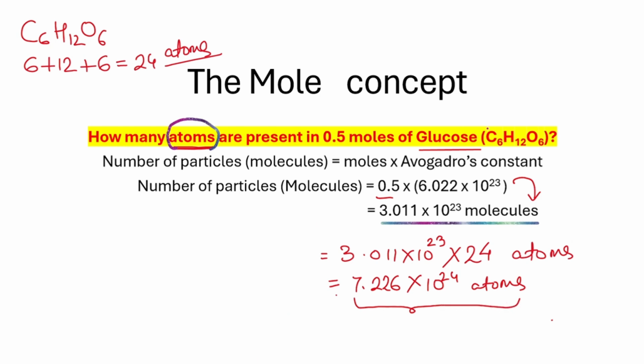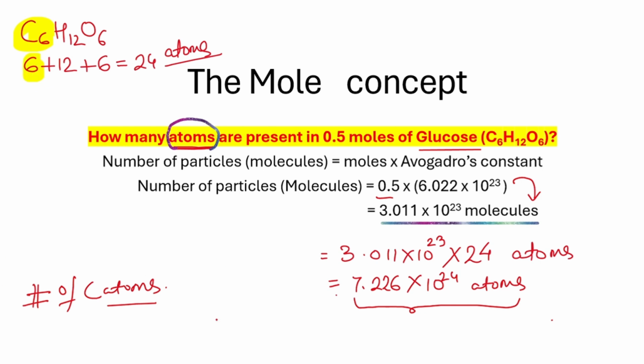Now, if the question was asking for the number of carbon atoms in the same moles of glucose, then we already have the total number of molecules, but now we can see that one molecule has only 6 carbon atoms.